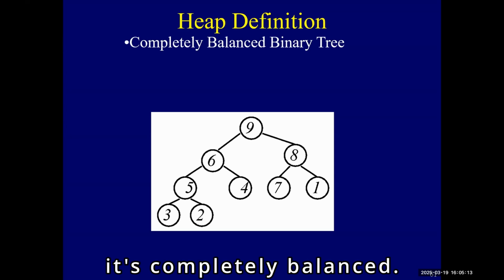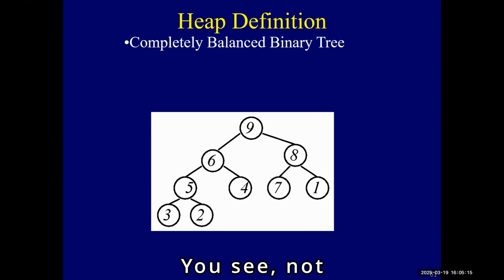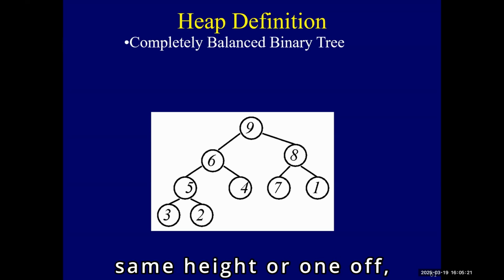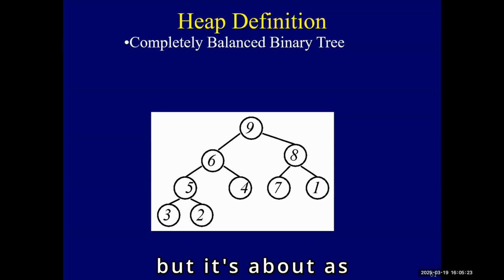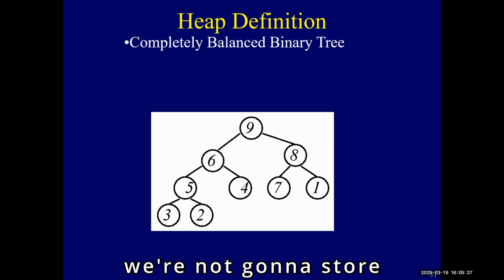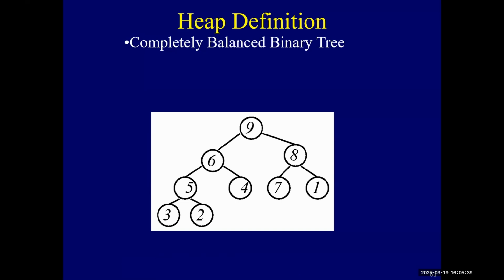First, it's completely balanced. Not only is every leaf at the same height or one off, but it's about as full as it can be, and the bottom layer is filled in like this, right? And why is that? Well, quite frankly, we're not going to store it with pointers.